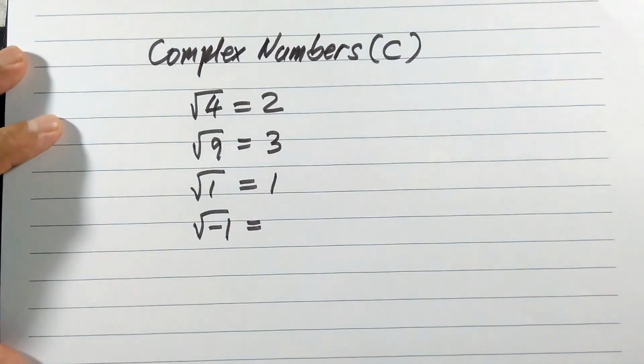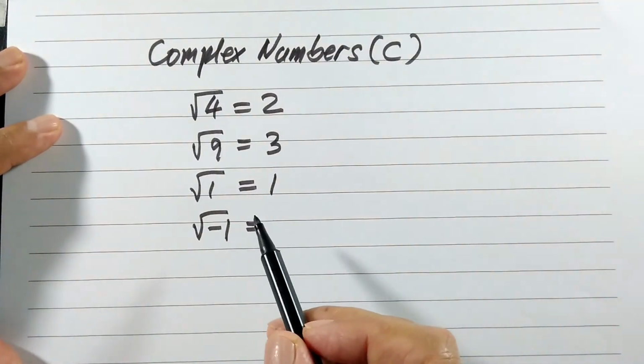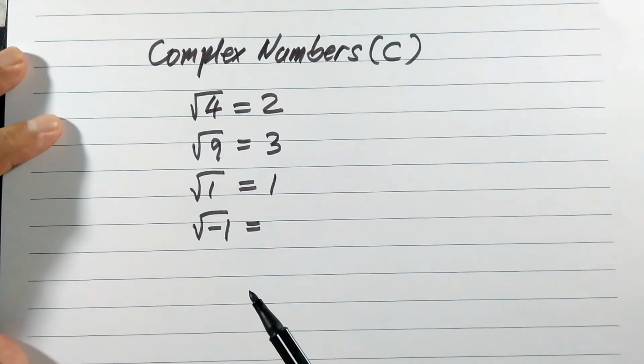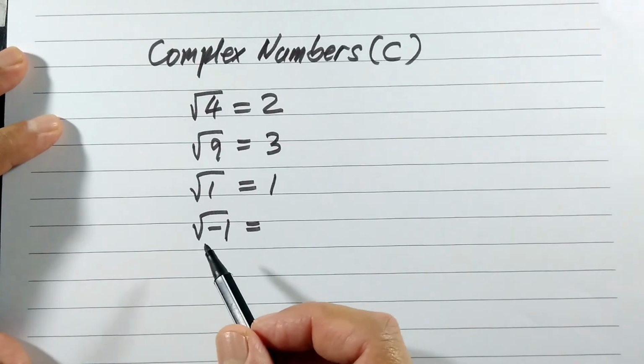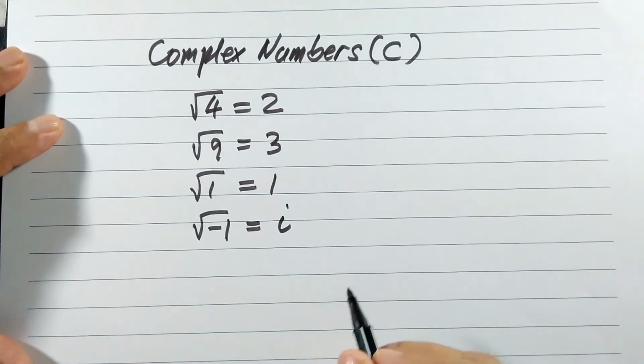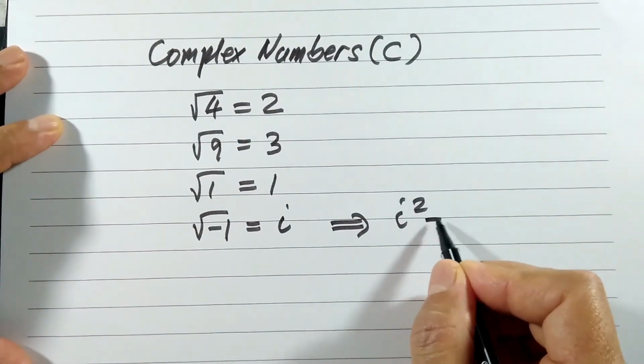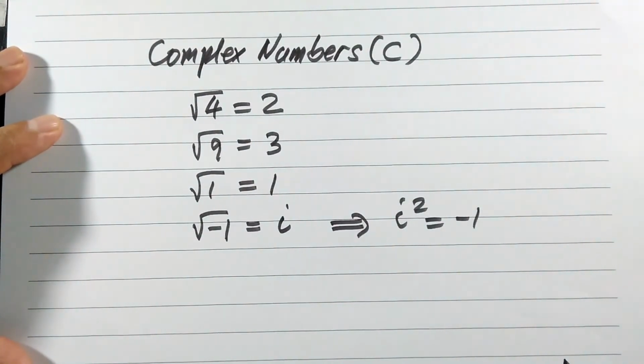Here is the problem: from our previous sets, we don't have square root of negative 1. So we have to create another set of numbers that we call complex numbers. Therefore, we define square root of negative 1 to be equal to i, or we say from here that i squared is equal to negative 1.